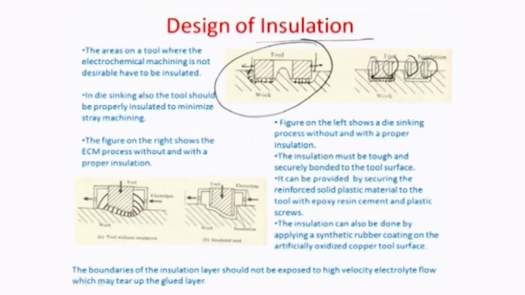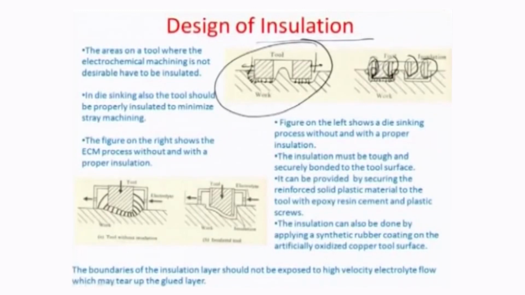The remaining portion is insulated now, and so there is no field loss from this portion of the surface onto the other portion of the workpiece here, and that ensures that the size of the hole that was intended while doing, let us say, the drilling operation with ECM is met.